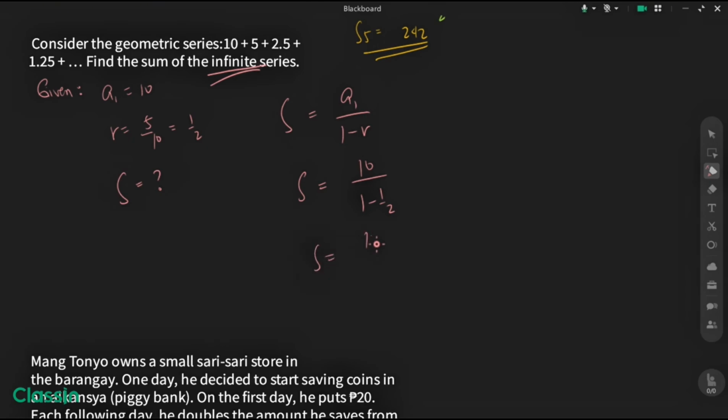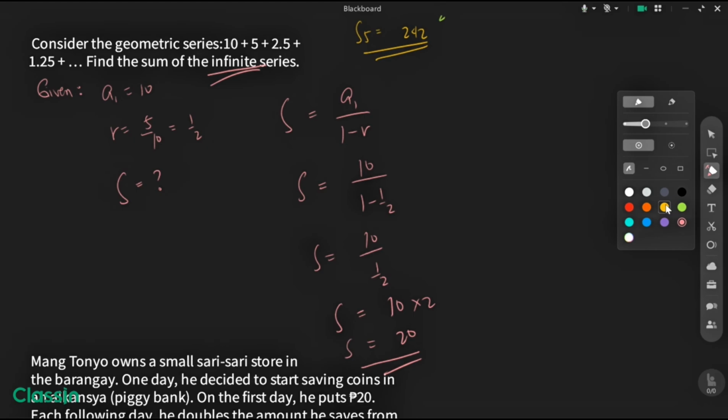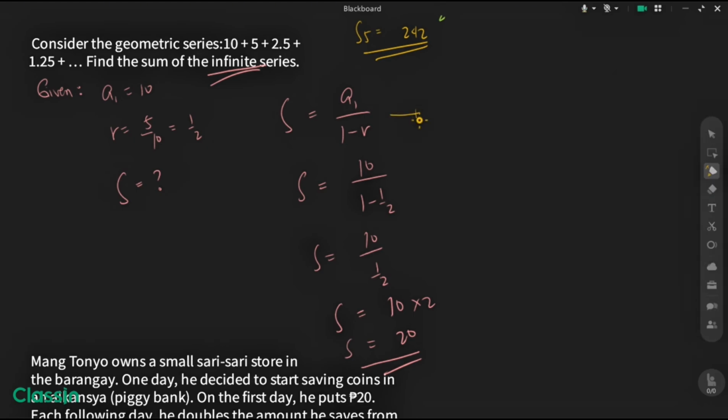So our S will be 10 all over 1/2, and our S will be 10 times 2. So the answer will be 20. Again, this is for the infinite geometric series.